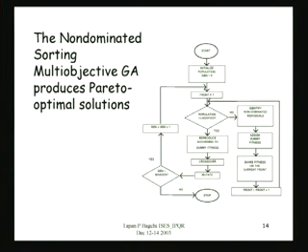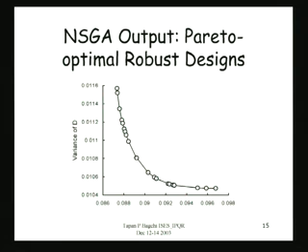This is the logic of the multi-objective genetic algorithm that actually produces the Pareto optimum solutions. That is possible to be done by this. And when you look at the solution, they turn out to be like this. These are the best designs as far as meeting the target is concerned.